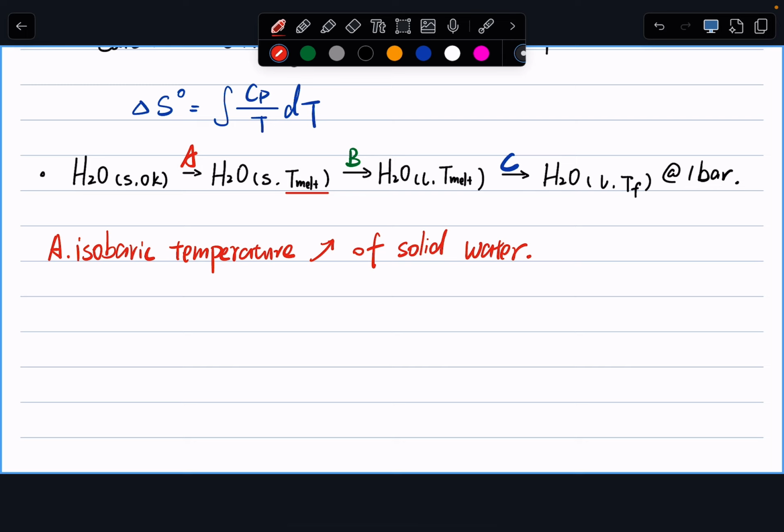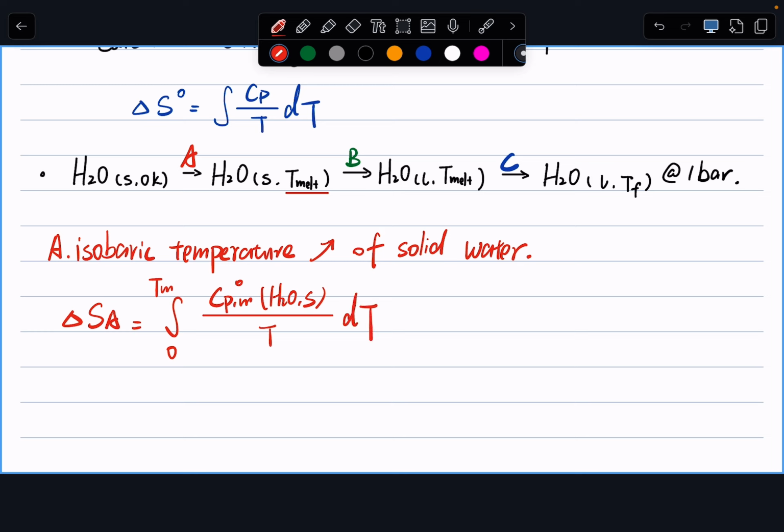It's an isobaric temperature increase, so my delta SA equals the integral from 0 to T melting of Cp, the isobaric heat capacity of your solid water, over temperature dT.